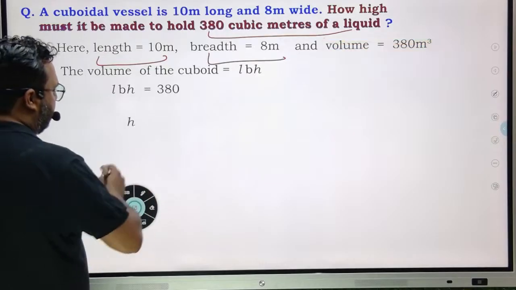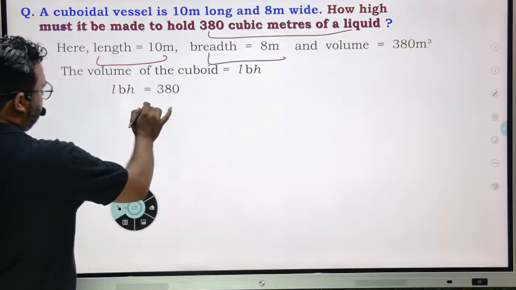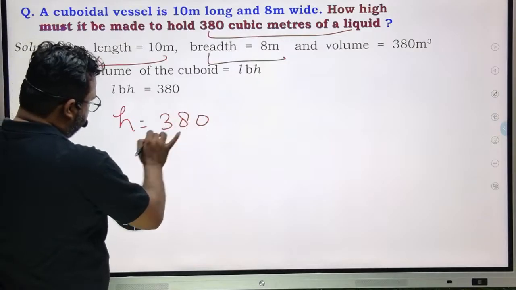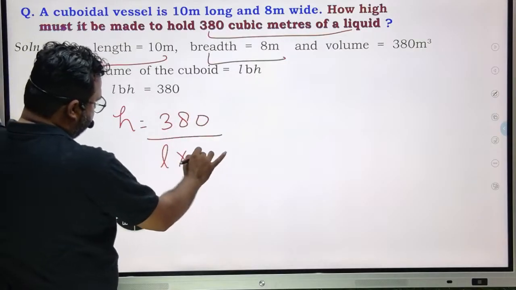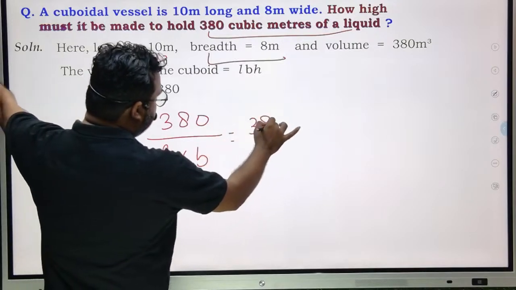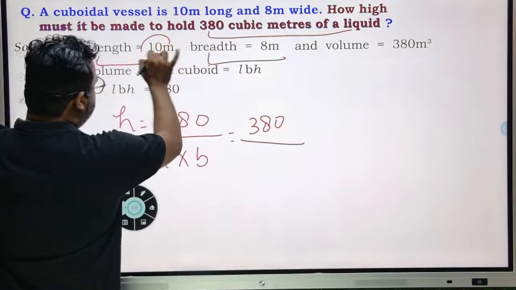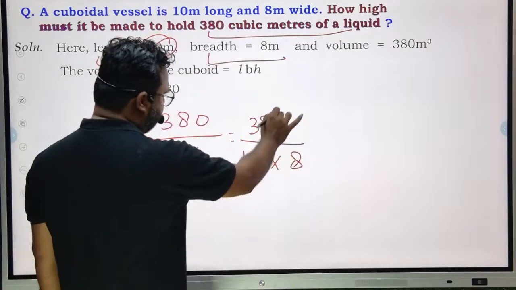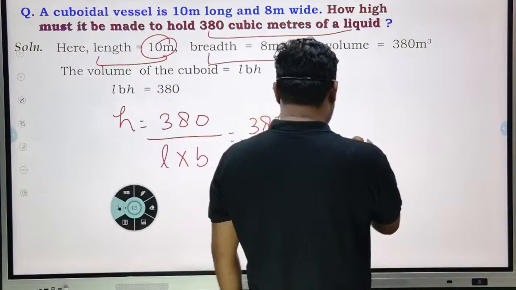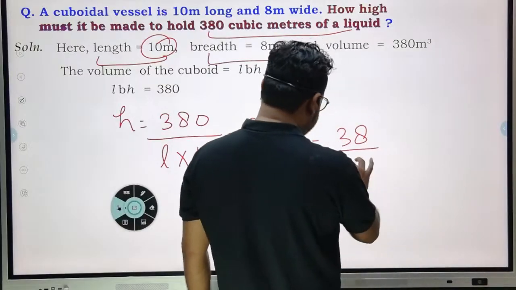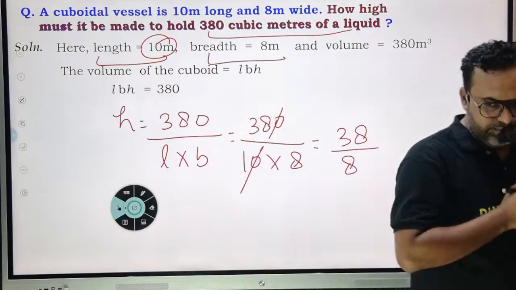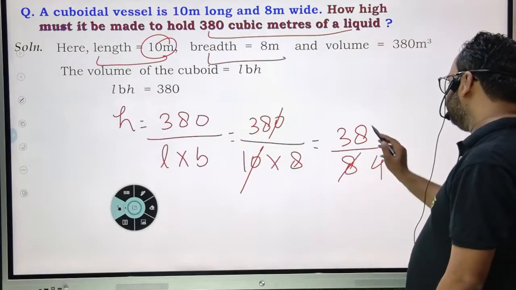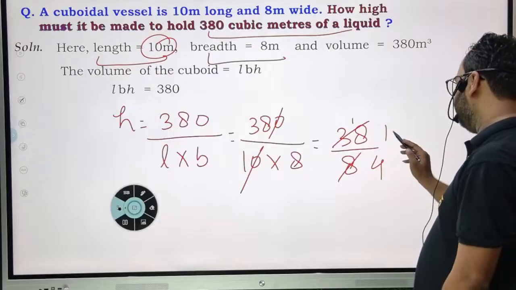So volume is what? Length times breadth into height. So height is what? 380 over L into B. So 380 over, what is length? 10 times breadth. Breadth is 8. 0, 0 gets cancelled out. So 38 over 8. Divide by 2. 2 4s are 8. 2 1s are 2. 2 9s are 18.